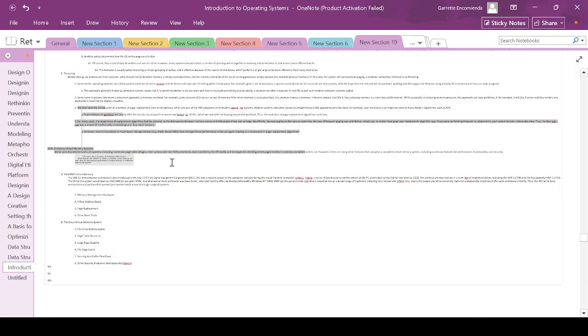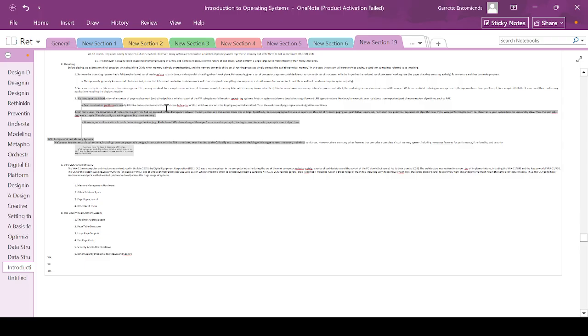So we have seen the introduction of a number of page replacement and other policies which are part of the VM subsystem of all modern operating systems. Modern systems add some tweaks to straightforward LRU approximations like clock. For example, scan resistance is an important part of many algorithms such as ARC.